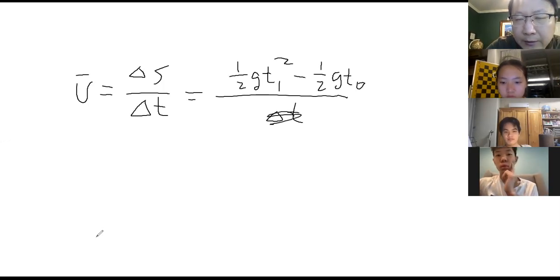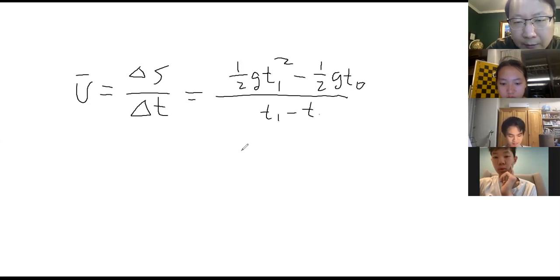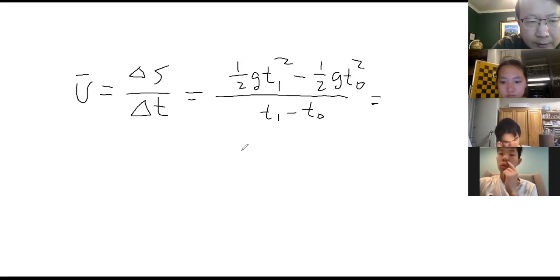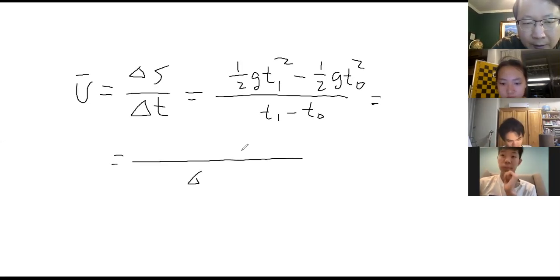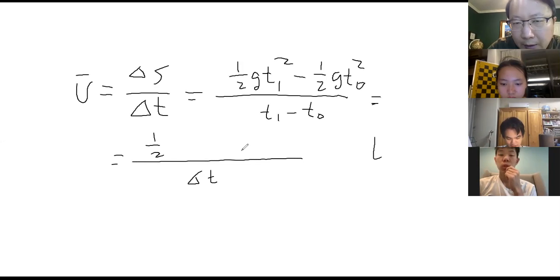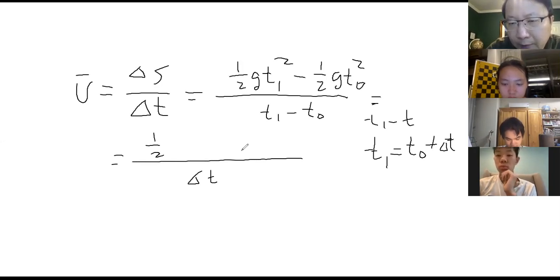So this is really t1 minus t0, correct? Let's see, this t1 minus t0 is delta t, okay? Which really means t1 equals t0 plus delta t, since t1 minus t0 is delta t. Got it?